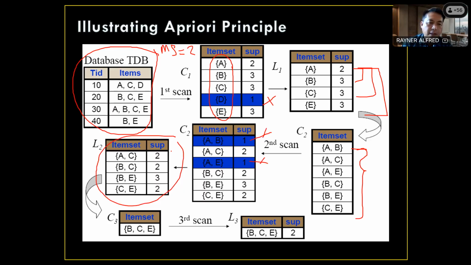Okay. So from here, we combine again A, B, C. Okay. A, B, C, and then A, B, E, and then B, C, E. Okay. So for this one, at the end, we have this. Okay, so this is the 3 item set that we have. So for 1 item set, we have this.